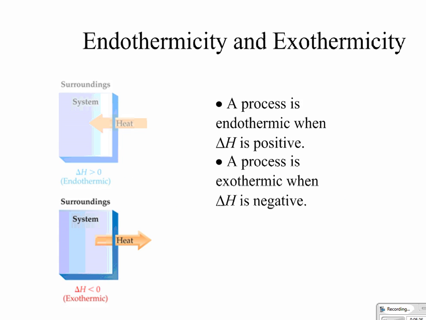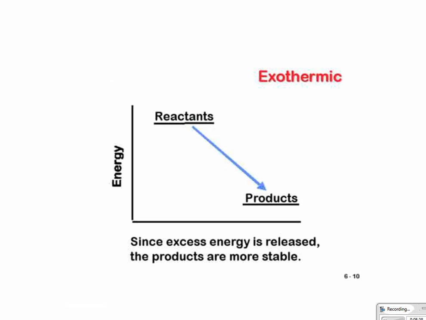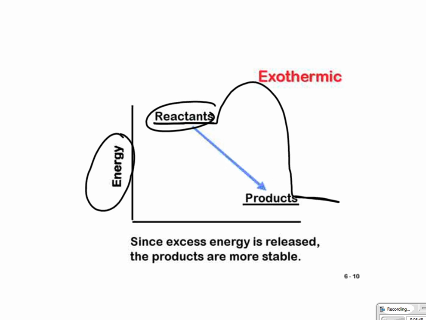When you look at a graph, remember potential energy is always listed here on a reaction coordinate. This is like a normal reaction graph. Delta H can be found on the graph. It's the difference between the reactants and the products. Graphically, in an exothermic reaction, the products are always lower than the reactants.